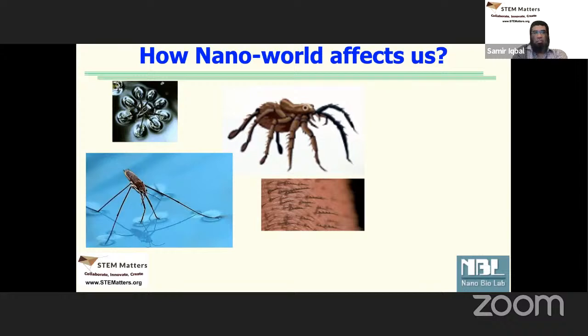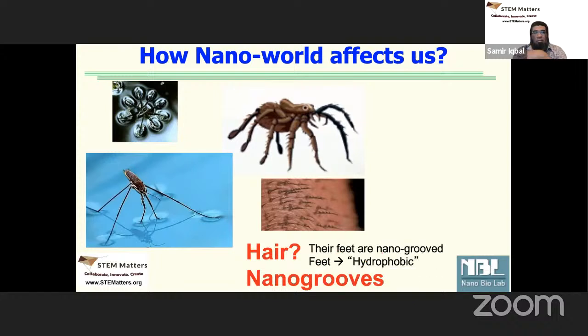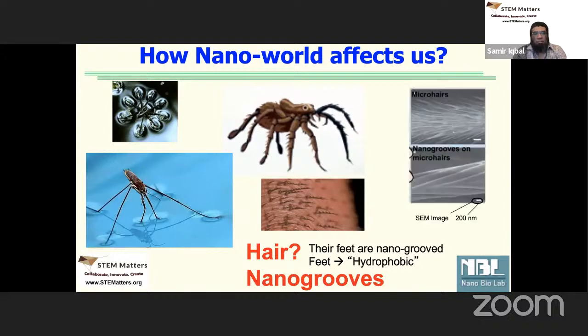Now we have the ability to look at their feet, and we see nano grooves, or nanoscale features, on their feet, which give them a hydrophobic property, and hence they can stride on water, they can walk on water. So at the end of the day, this is all about nanoscale properties, and things at nanoscale that we didn't have a way to look at before, and now we can.